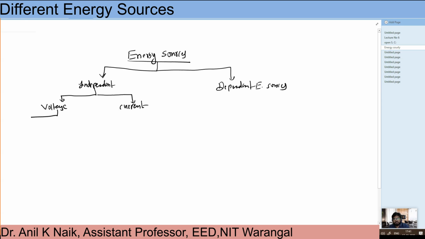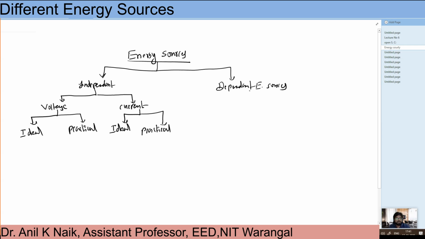The voltage source can be classified into ideal voltage sources and practical voltage sources. Similarly, the current source can also be classified as ideal as well as practical. So these are the different classifications.